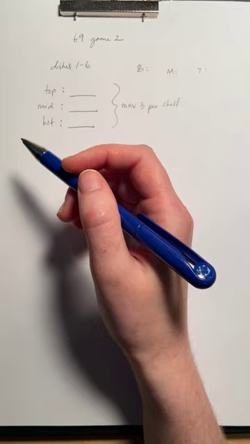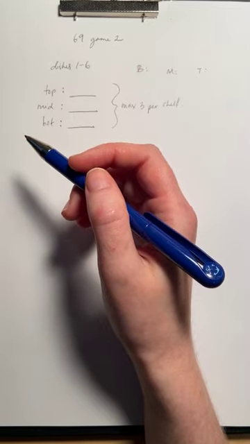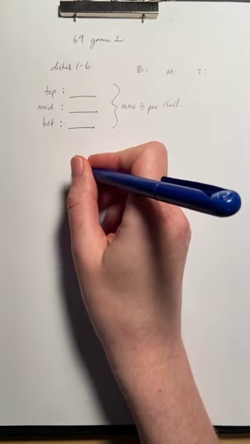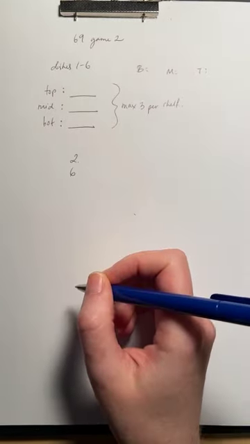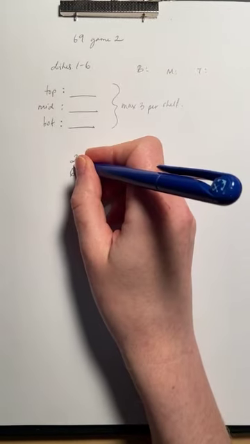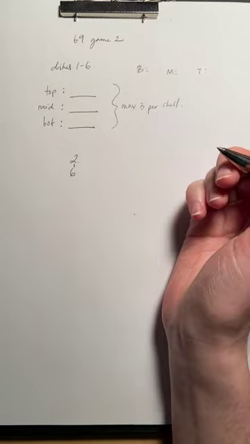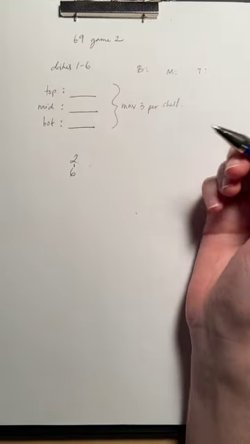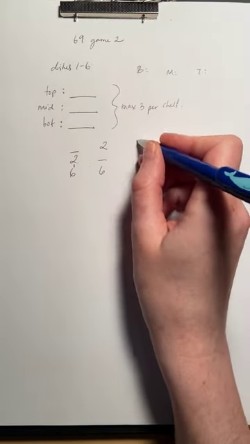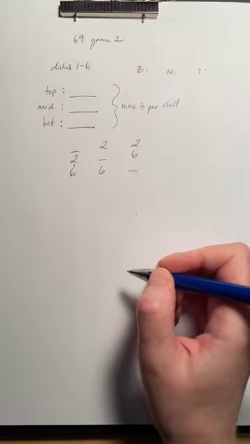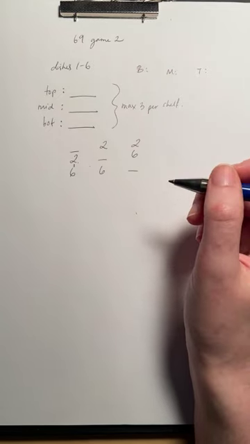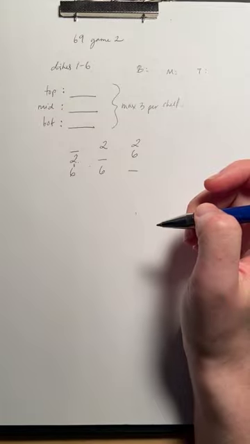Okay, dish 2 is stored at least 1 shelf above dish 6. Okay, so 2 is at least above 6 by 1 shelf, could be 2, right? So we could have any of these arrangements of those guys. 6 is stored either 1 shelf above or 1 shelf below dish 5.